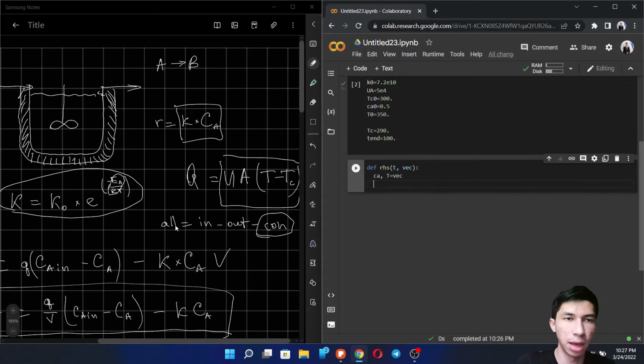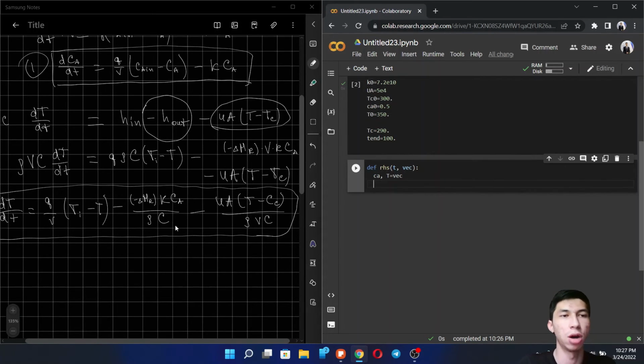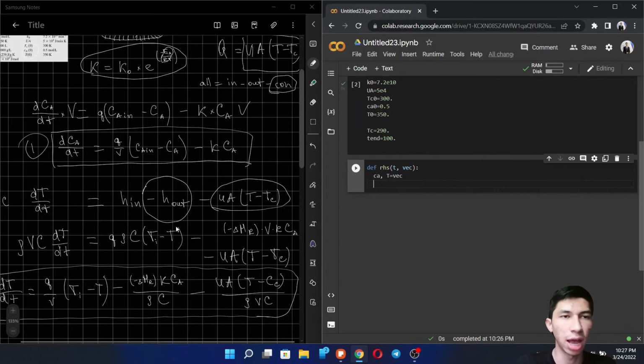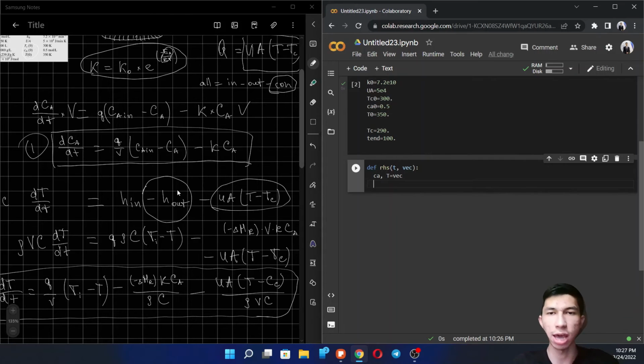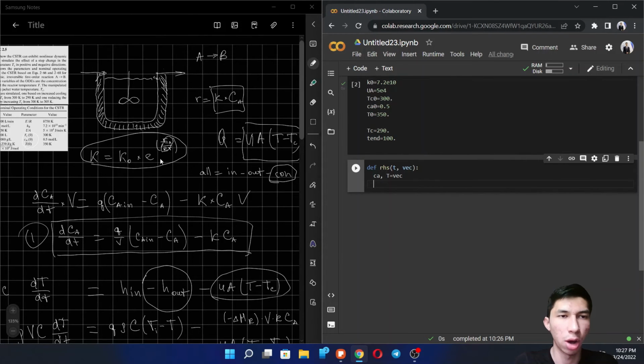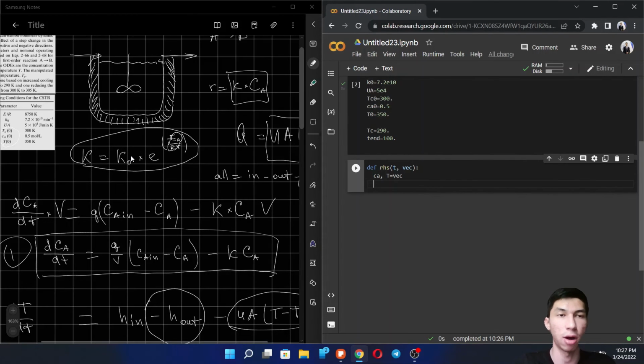We can make this function and return our differential equations, but before that, we are using our k values inside of our differential equations, and we have to define k before using it. At the first part of our video, we defined k to be equal to k naught times e to the power of minus activation energy over RT, from that Arrhenius equation.